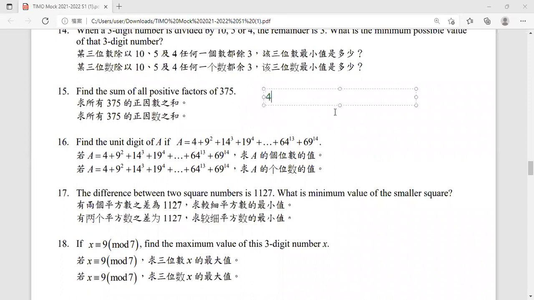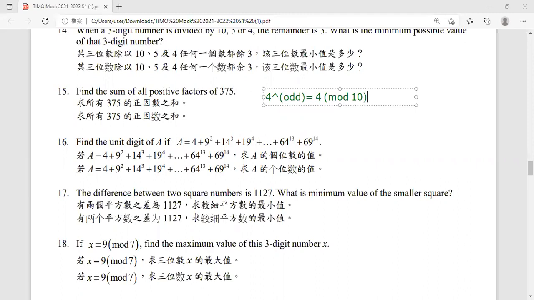You will find all the 4's here have an odd number power, which means it ends up with 4. Because 4 times 4 is 16, and 16 times 4 becomes 64.